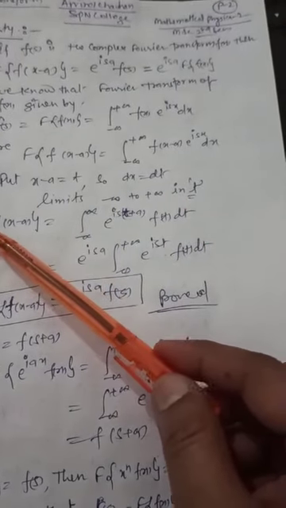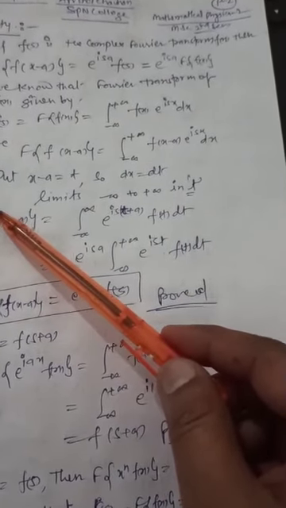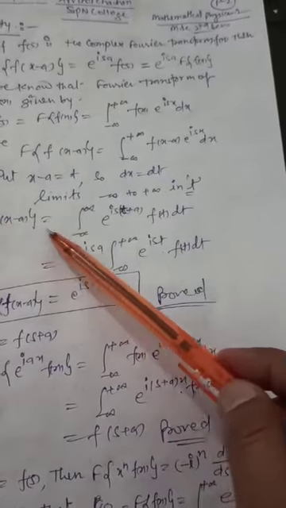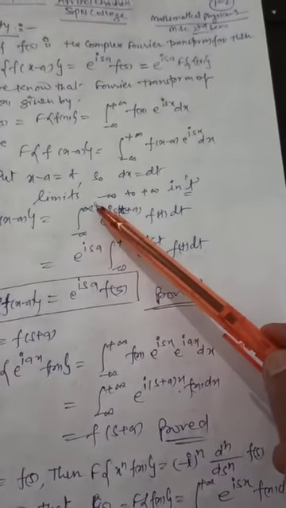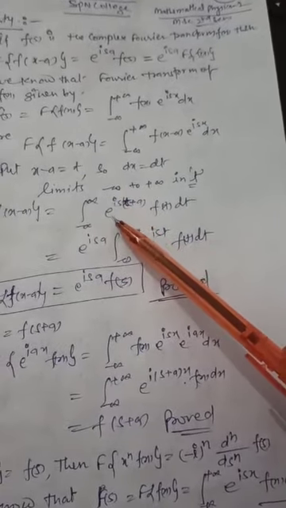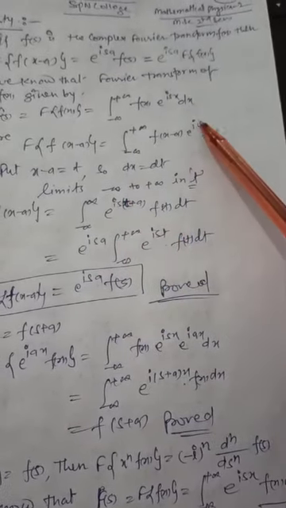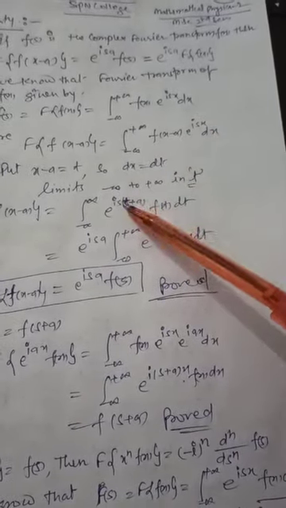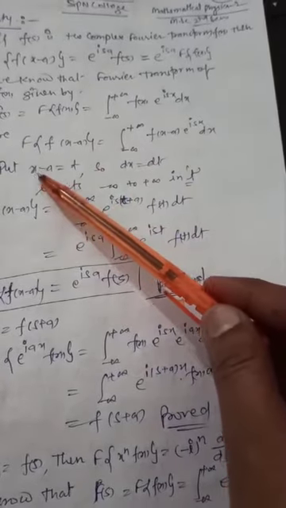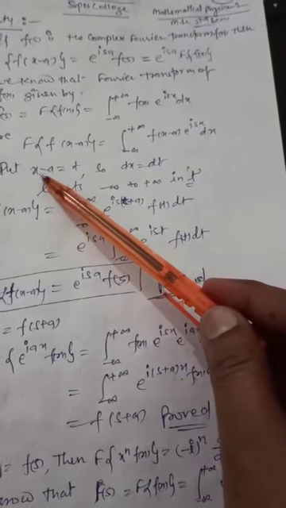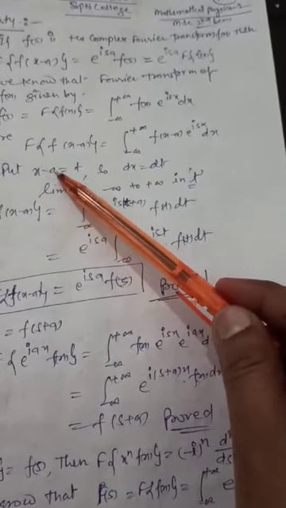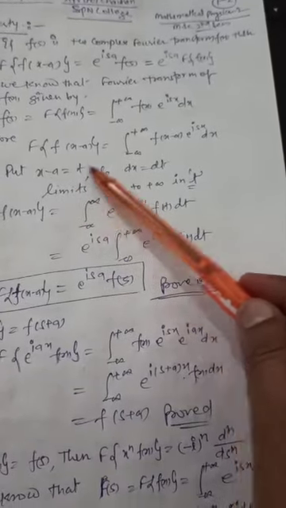So the Fourier transform of f of x minus a is the integral from minus infinity to plus infinity, exponential iota s, and x is replaced: if you take minus a to the other side, x is t plus a.